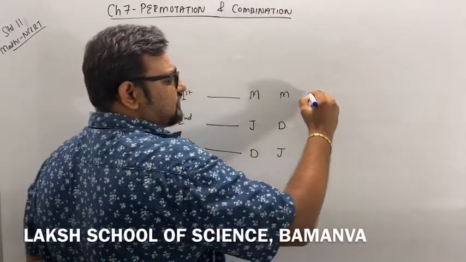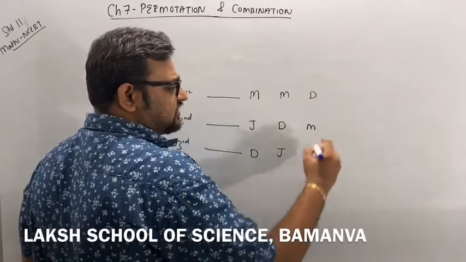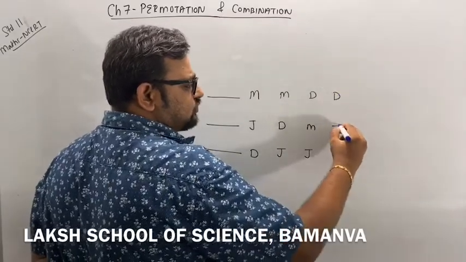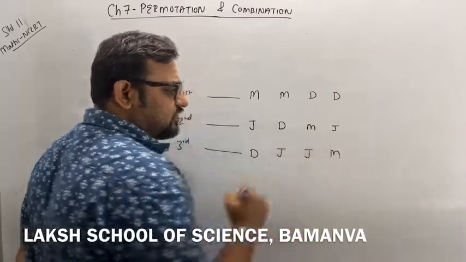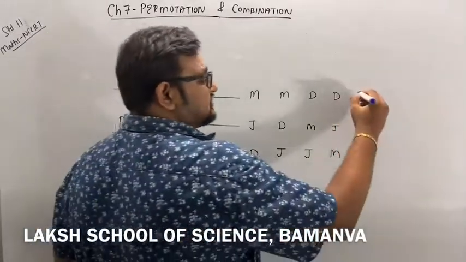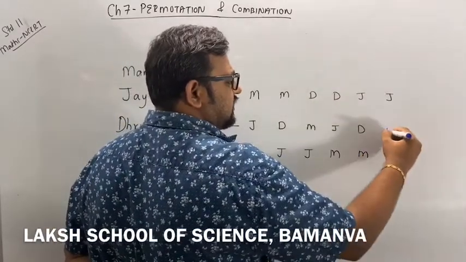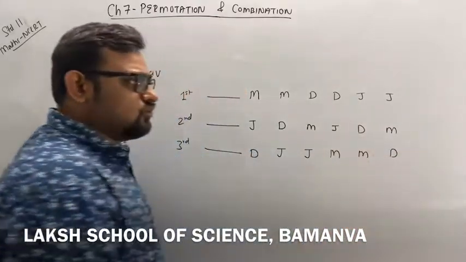Or else first bench Dhruv, second bench Manav, third bench Jay, or first bench Dhruv, second Jay, third Manav. This is also a way. Or else Jay, Dhruv, Manav, or Jay, Manav, Dhruv.